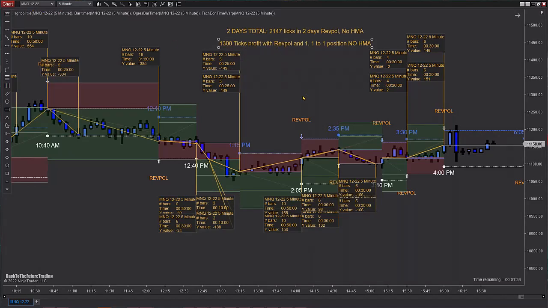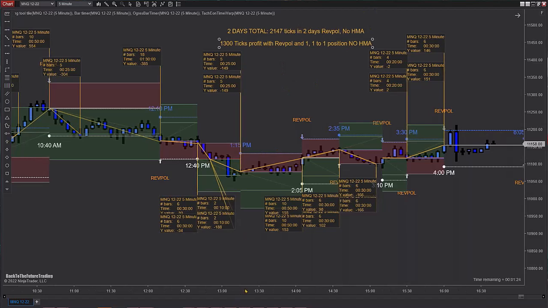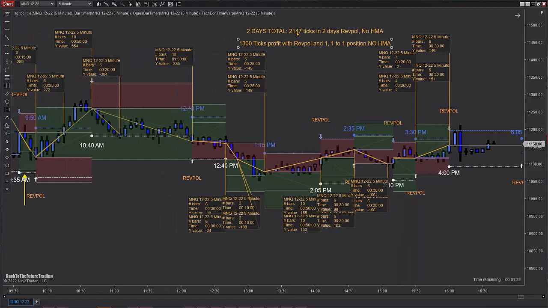So I tested the NASDAQ 5-minute. I tested 2 days with reverse polarity and no HMA, no EMA, no SMA, nothing. And with reverse polarity or without. So in the 2 days total, we had 2,147 ticks.